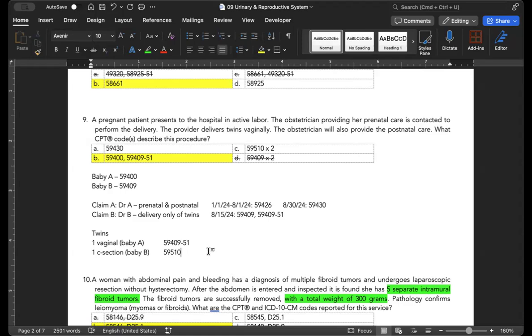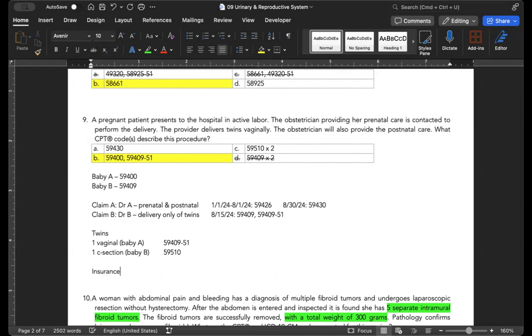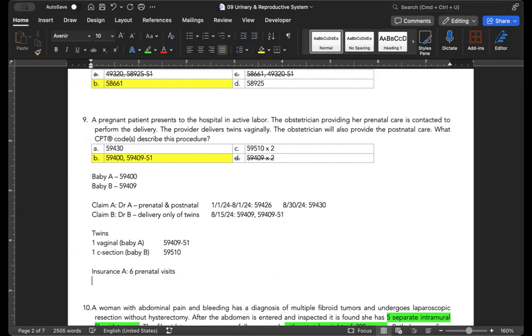So would you do the global package, and then would it be a decrease? No. So if they switched insurances halfway through, is that what you're saying? Yeah. It would be very similar to this. Let's say insurance A did 6 prenatal visits. Insurance B did 5 prenatal visits. And then delivery, we're just going to do a single delivery. I'm not even going to do twins at this point.